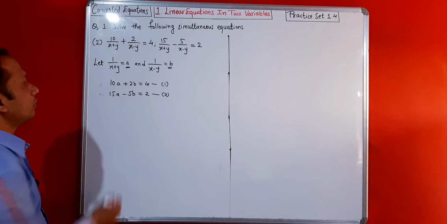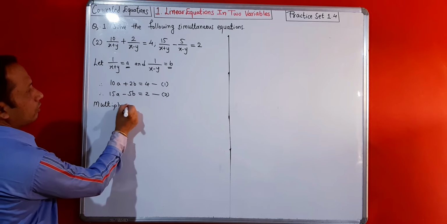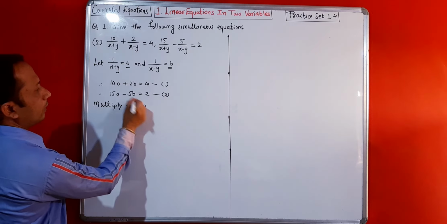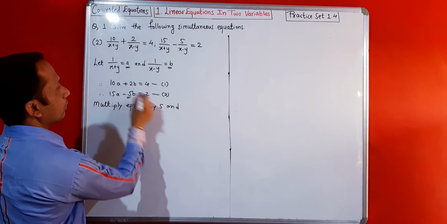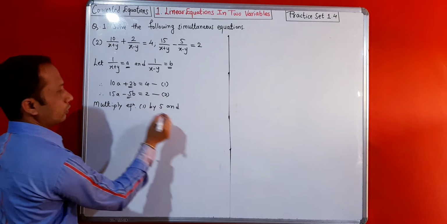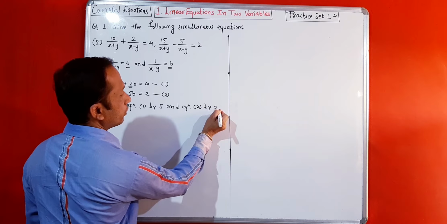So first multiply equation 1 by 5 and equation 2 by 2. Whatever we get, we'll write here.